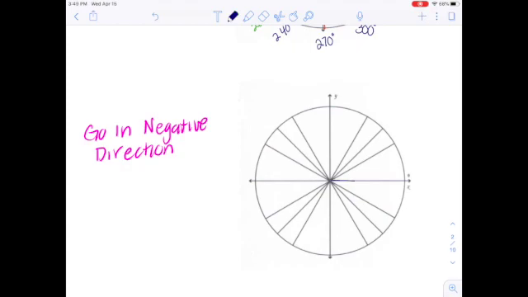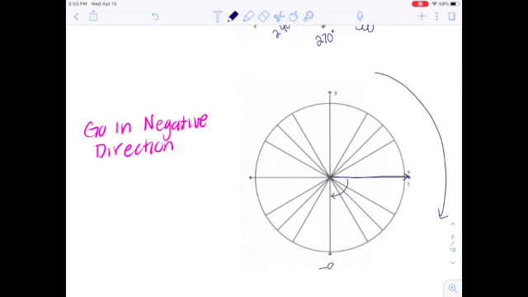Now we're going to build our unit circle in a negative direction. So this time our angles start with an initial side of our positive x-axis, but instead of going counterclockwise, we're now going clockwise. So we're going like that. Okay, an angle this direction would be what we call negative 90 degrees.